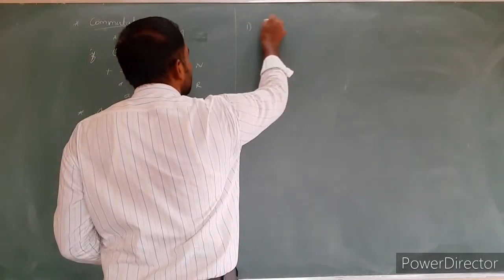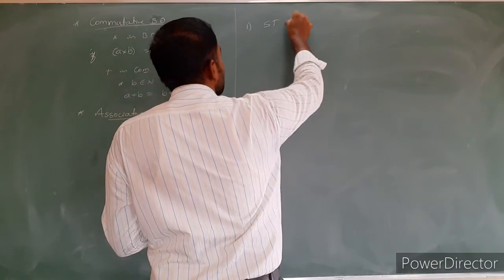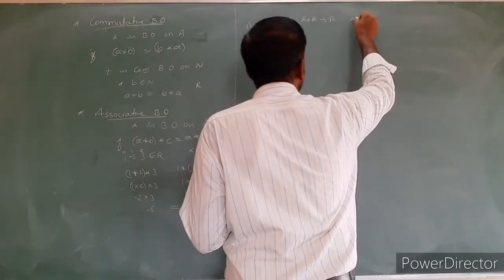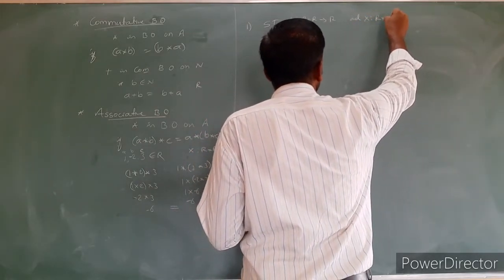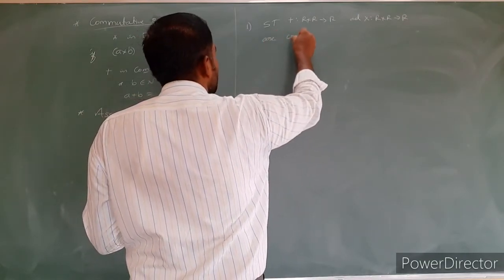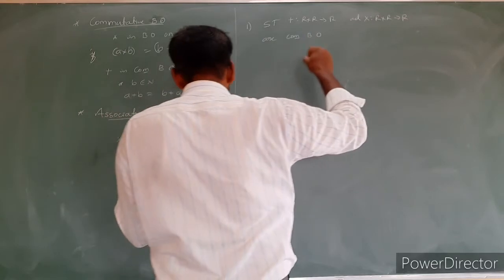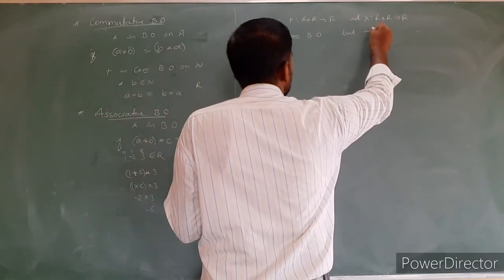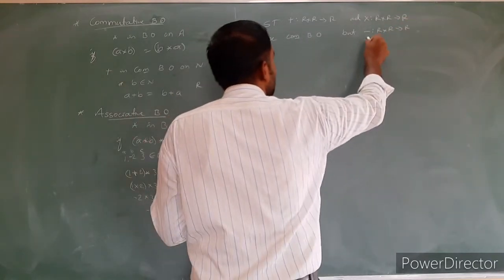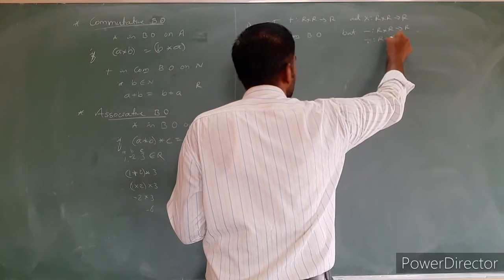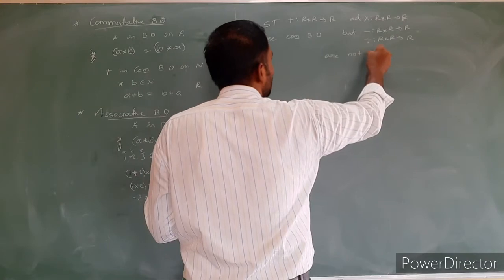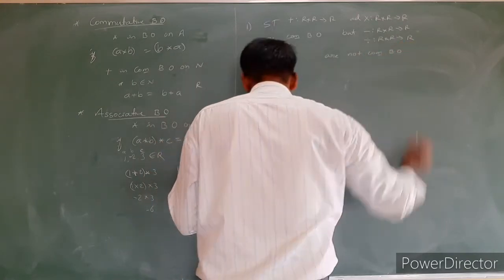First example: show that addition from R cross R into R and multiplication from R cross R into R are commutative binary operations, but subtraction from R cross R into R and division from R cross R into R are not commutative binary operations.